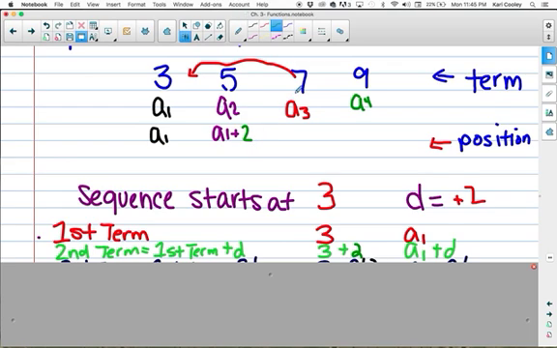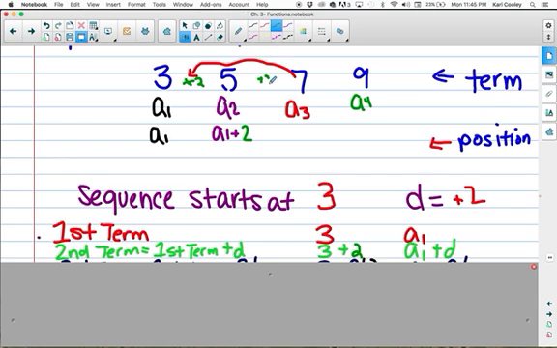Or I can look at it as a comparison to this very first term. How did I get from 3 to 7? Well, I took the 3, and then I have 2 sections of plus 2, don't I? I have a plus 2 here and a plus 2 here.